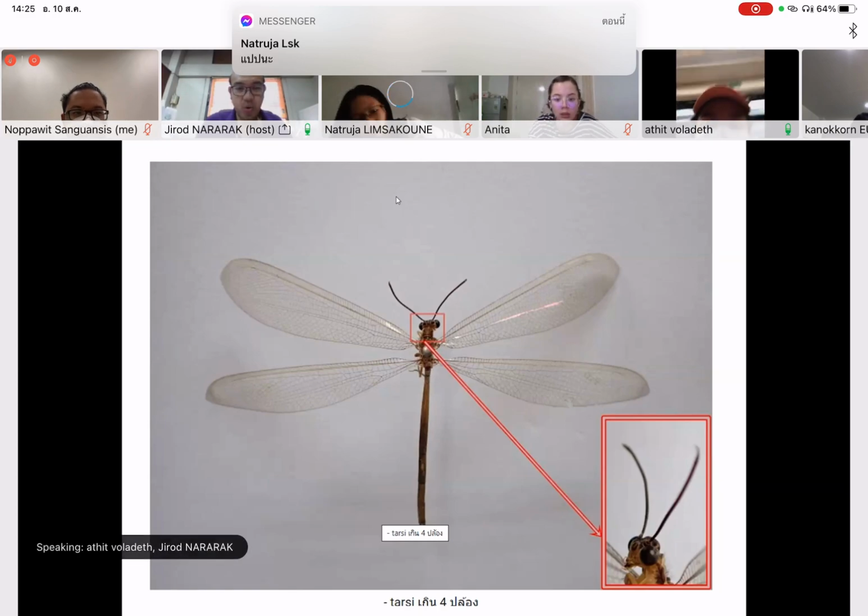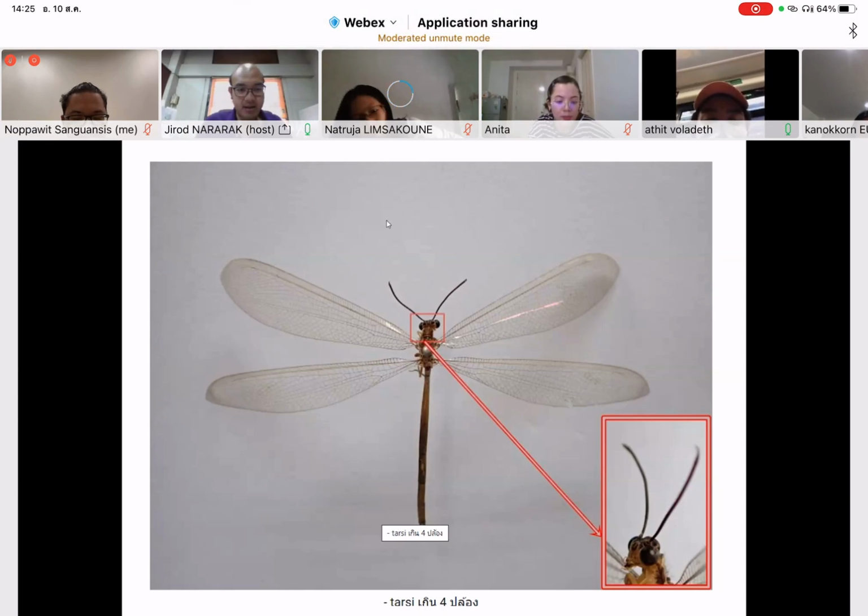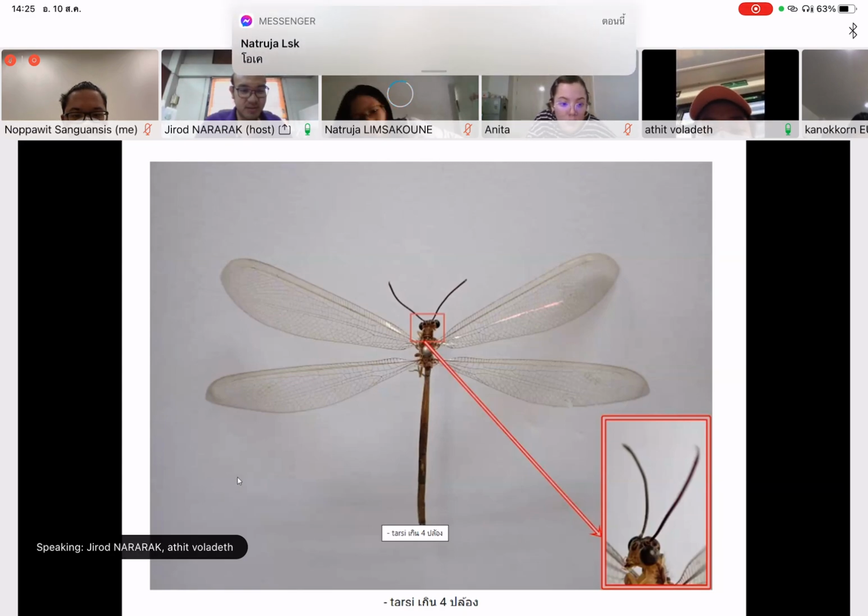Who can answer me? What is the difference between Odonata and Neuroptera? Are you asking me? Yes, the difference between the characteristics of Odonata and Neuroptera.